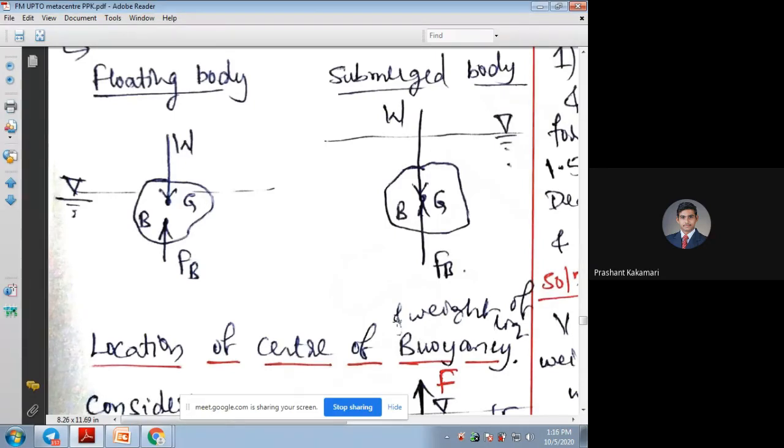That center of buoyancy is the center of the total volume of liquid replaced. If you want the magnitude, how much force is acting, then it is the buoyancy force, which is more than the weight of the ship. For example, if the ship is floating, the buoyancy force is always more than the weight of the ship. Then only it is floating. So the magnitude of the buoyancy force is the total weight of the liquid replaced by the ship body.